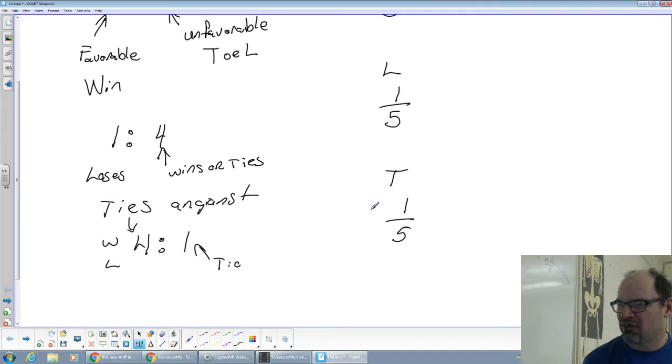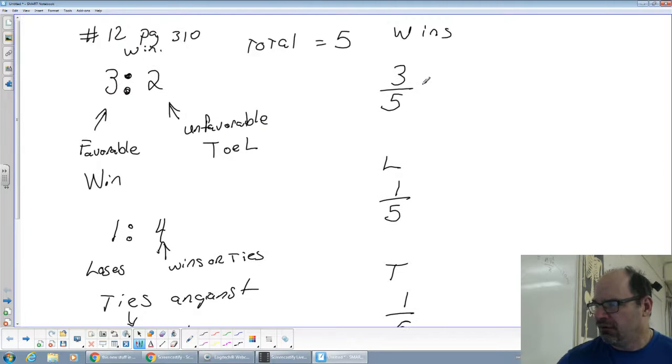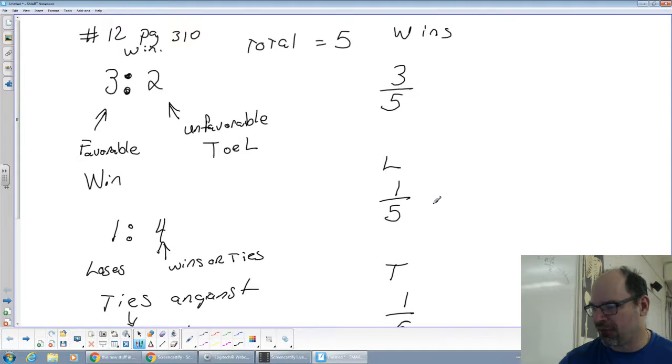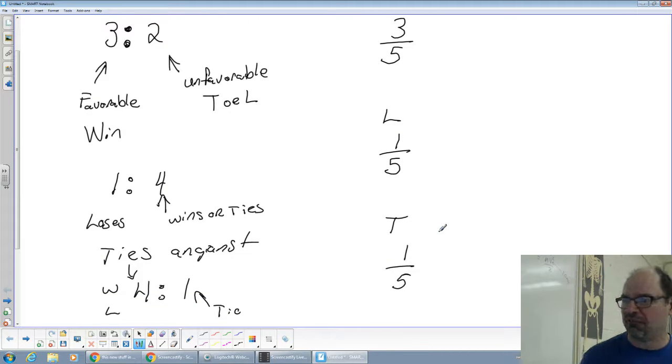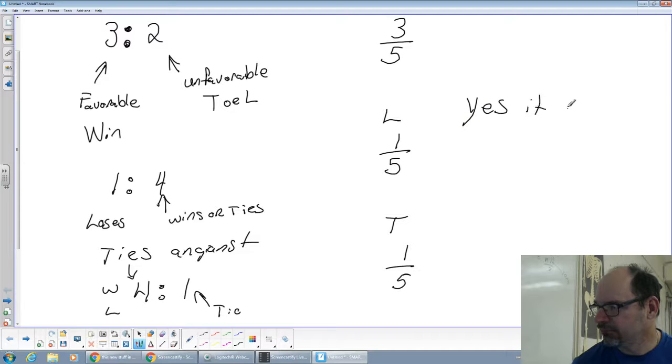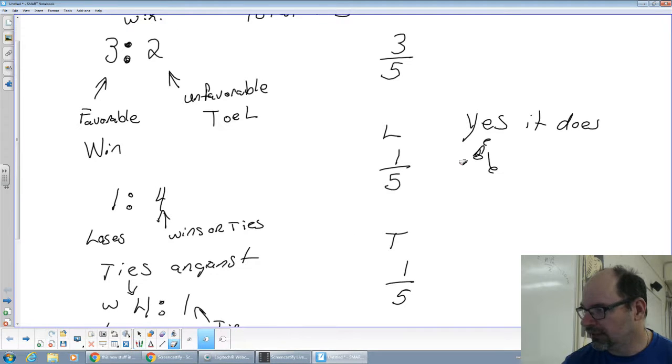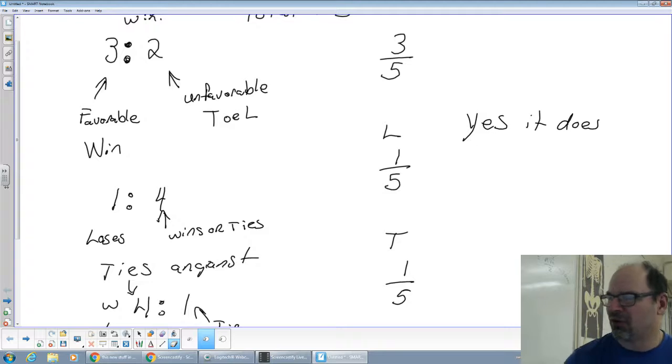So they're asking you, does this make sense, does this add up to 1? There's 3 wins out of 5, 1 loss out of 5, and 1 tie out of 5. Does that add up to 5? So 3 out of 5 plus 1 out of 5 plus 1 out of 5 would be 5 out of 5. So yes, this does make sense, because the probabilities add up to 1.